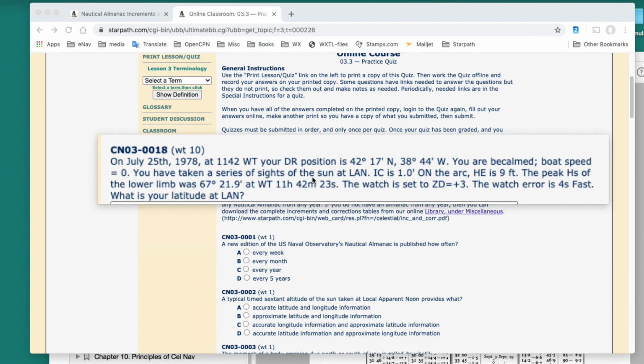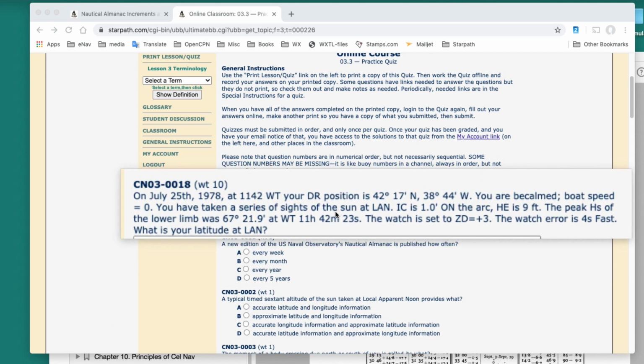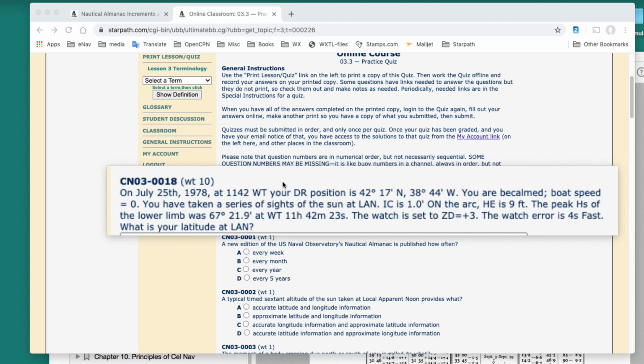Okay, so there's the question we're doing, number 18, and all this is totally standard. Actually, the video that I just did happened to be the one where we predicted the time that this would take place, and that all looks fairly consistent. It looks like 11:42. So here's the date, July 25th, 1978.